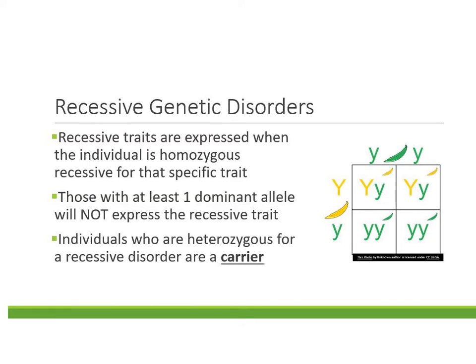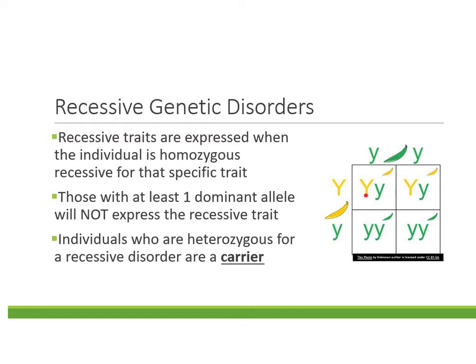So for example, if I get the regular lung trait from my biological dad, but I get the recessive cystic fibrosis allele from my mom, I won't actually have cystic fibrosis. I'm going to show just normal lungs since that's the dominant one.